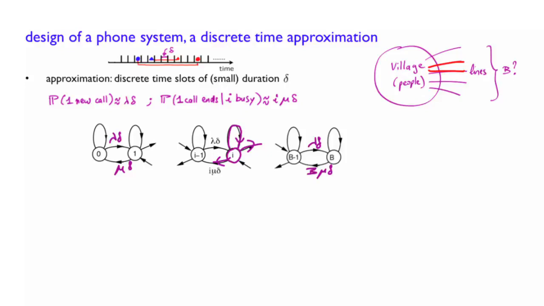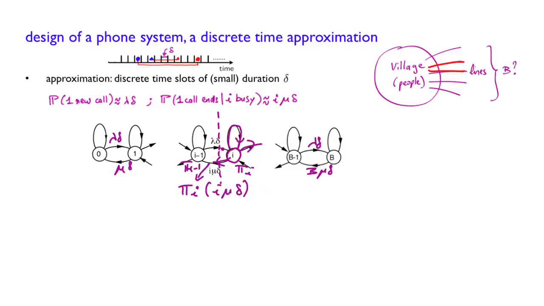So instead of writing down the balance equation in a general form, we think in terms of the frequency of transitions across some particular cut in this diagram. So for example here. The frequency with which transitions of this kind are observed has to be the same as the frequency of transitions of this kind. The frequency of transitions of this type will be, if you look at pi i here and pi of i minus 1 here, this transition will happen with pi i times i mu delta.